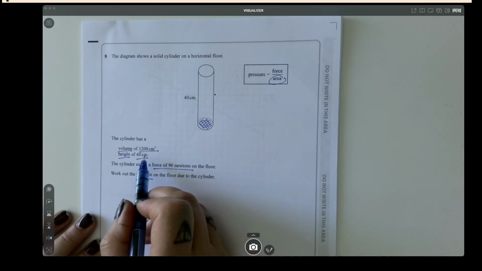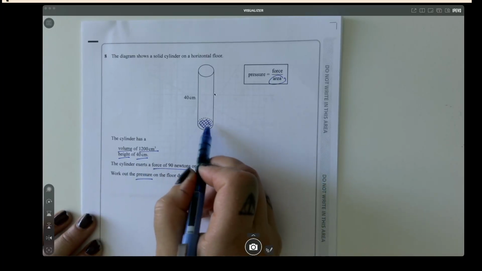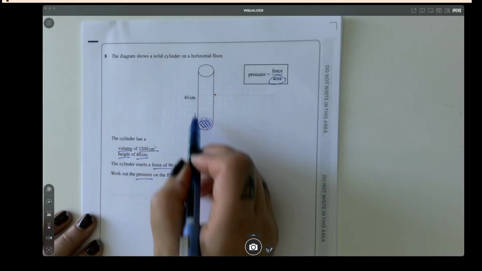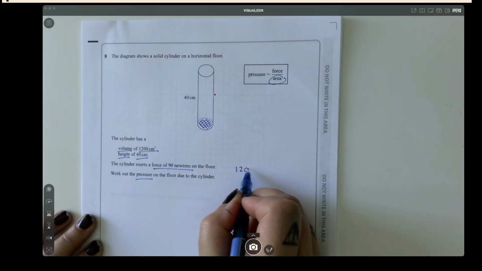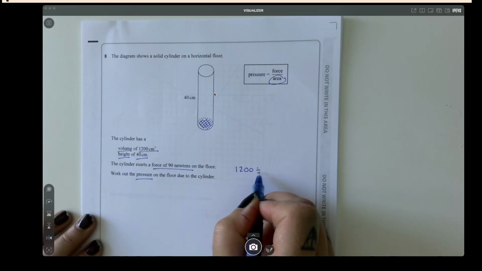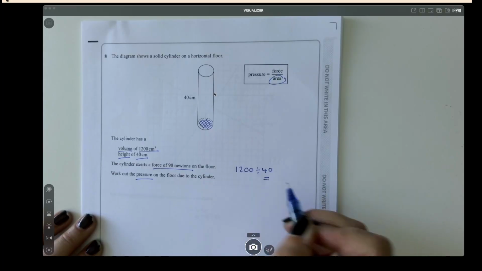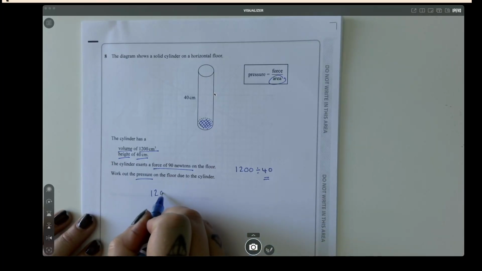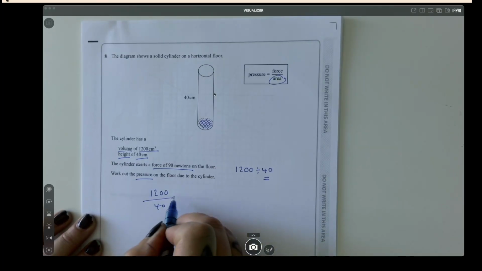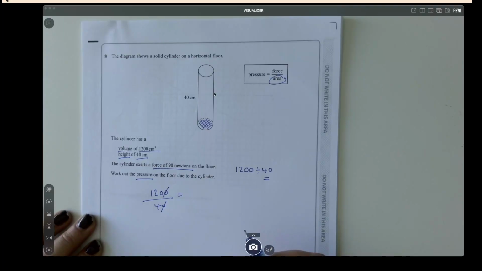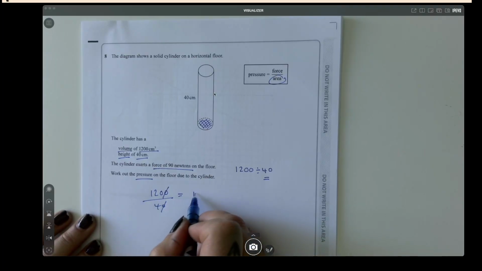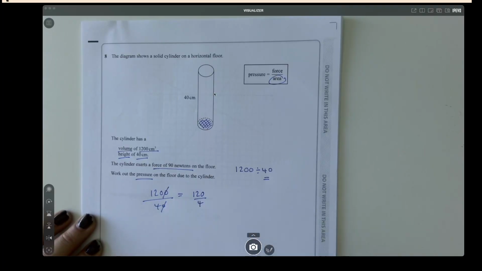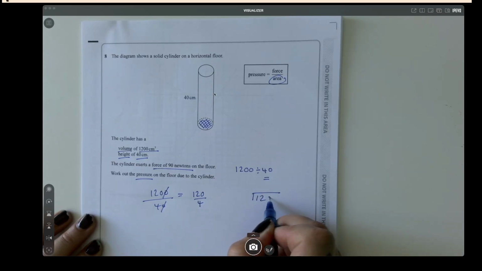We've been given the volume. To find the volume, we would find the area of this circle and then multiply it by the height. So if we reverse that, if we do 1,200 divided by 40, that will tell us the area of that face of the cylinder. So 1,200 divided by 40. Well, I can divide top and bottom by 10. So then I'm doing 120 divided by 4, which makes my life a little bit easier.